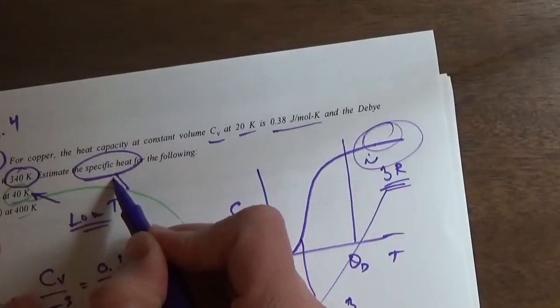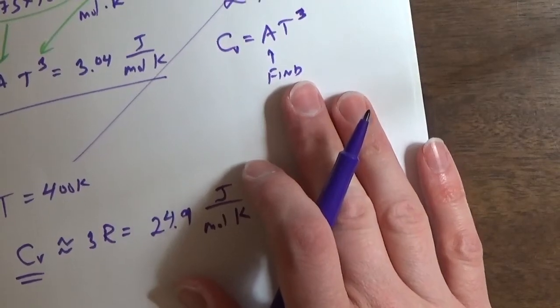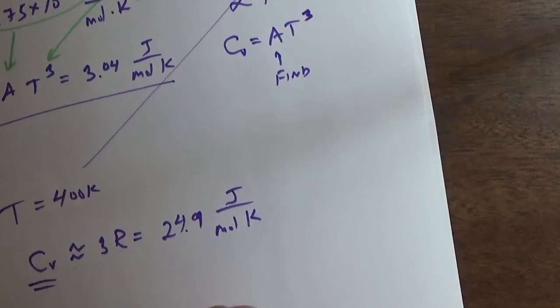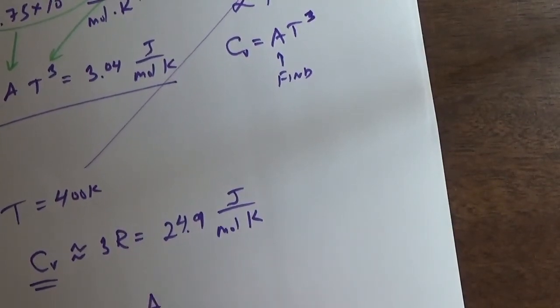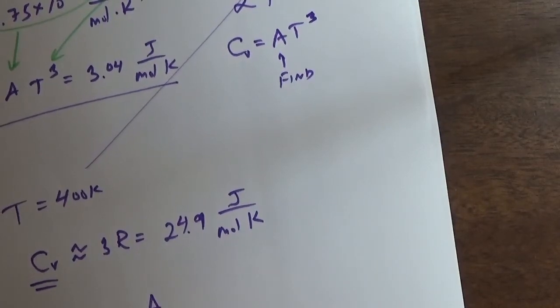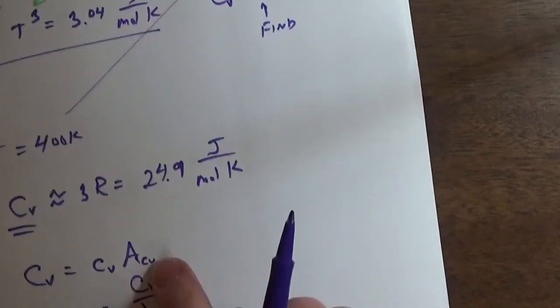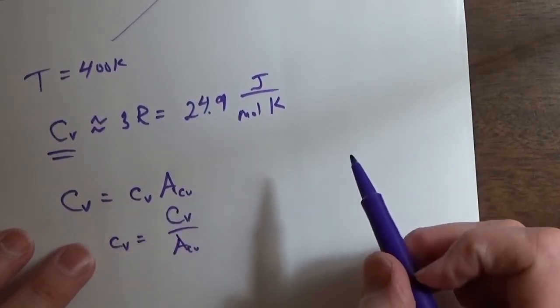We're looking for specific heat, which means that we then have to go on and say that little cV is equal to CV over the atomic mass of copper.